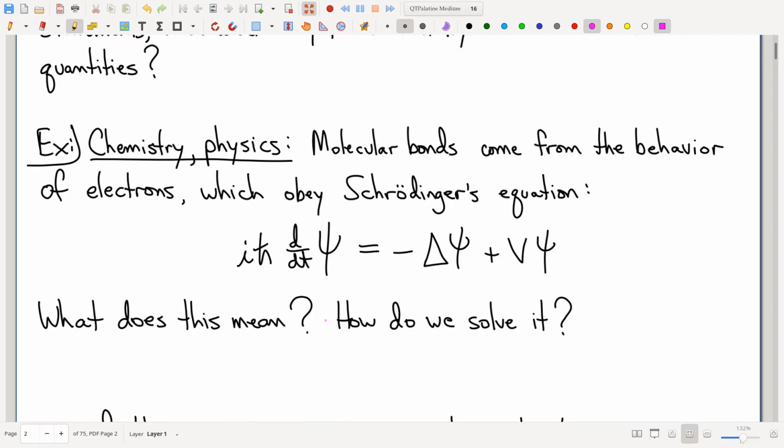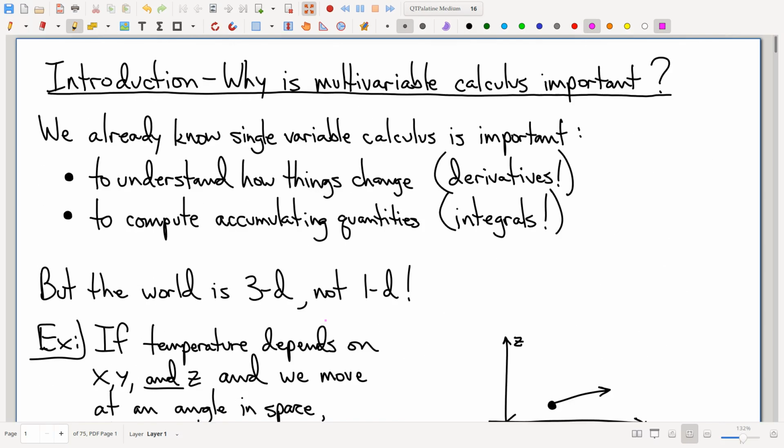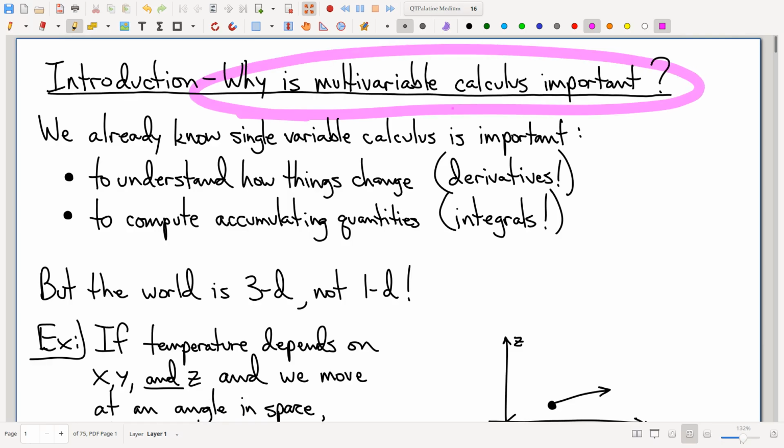I mean, you just got to know it. If you don't know multivariable calculus, you can't do it, right? It's a non-starter. So why is multivariable calculus important? Why are we here? Why are you taking this class? That's why. Does that make sense to everybody? Everybody on board? Okay. Cool.